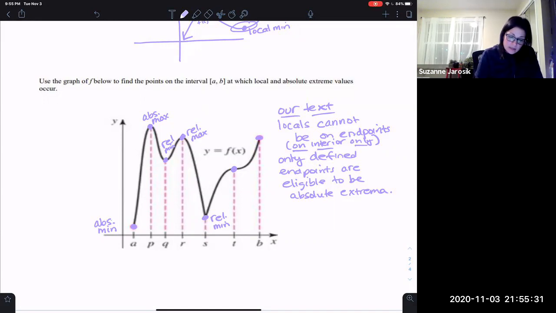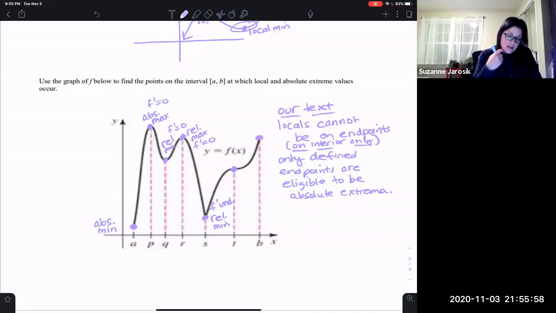You can talk about the max, the min, the max, the min; here f prime would be equal to 0. Here f prime would be equal to 0. Here f prime would be equal to 0. But when I get to here, f prime is undefined.